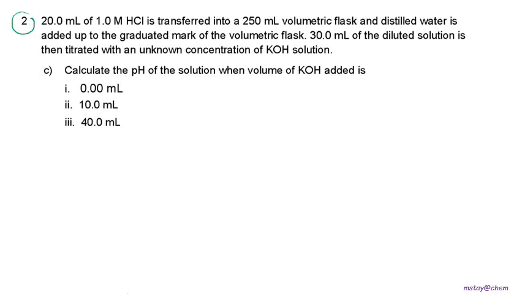Question 2c. Calculate the pH when the volume of KOH added is 0 ml. It means that basically we need to calculate the pH in the conical flask. So before the KOH is added, in the conical flask we only have HCl.